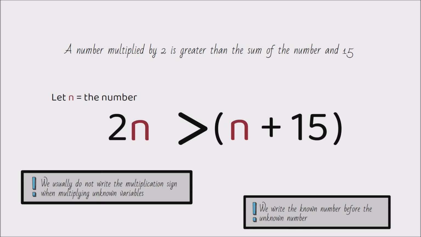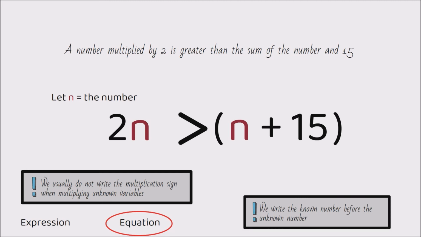Now, for this example, we also have an equation because we have two expressions being related to each other by a greater than sign. So 2n and n plus 15 are both expressions, but the whole thing together is an equation. Now, these are just some basic examples because I'm sure you know that it can get a lot more complicated. But, guys, sometimes you have to draw things out to make it make sense.